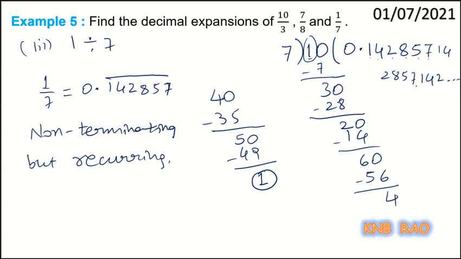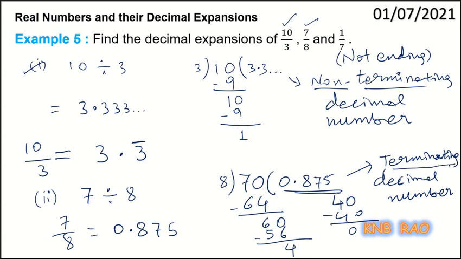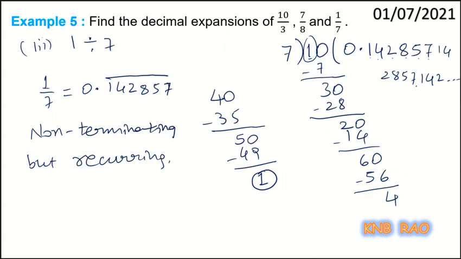See children, so far whatever the rational numbers you found, their decimal expansion is either terminating or non-terminating but recurring. Now we have one special terminology to be learned for this sort of non-terminating but recurring numbers.